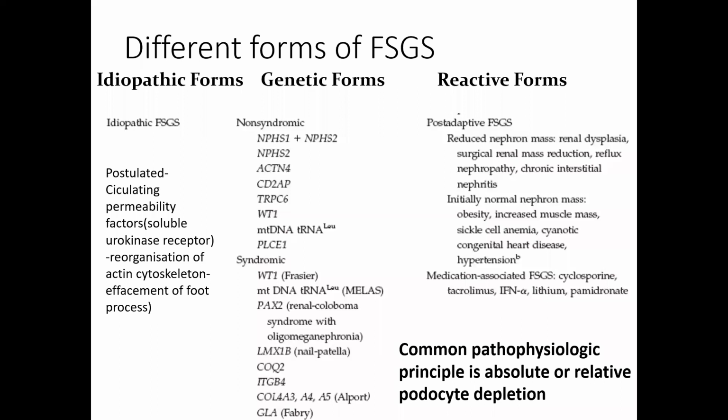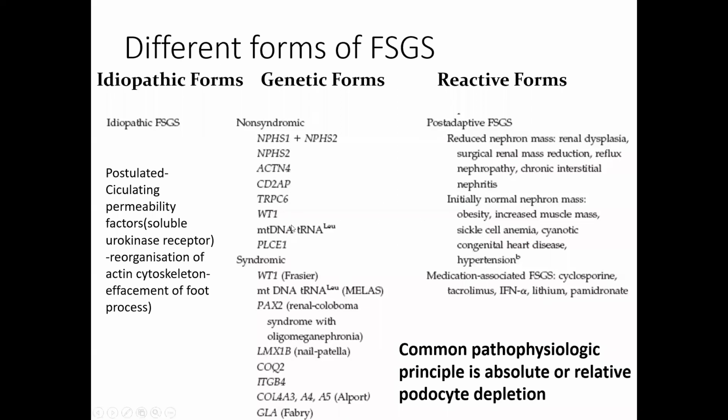In idiopathic FSGS, the most postulated cause is the presence of a circulating permeability factor, the so-called soluble urokinase receptor. This circulating permeability factor causes reorganization of actin cytoskeleton, which may lead to effacement of foot processes and segmental sclerosis.